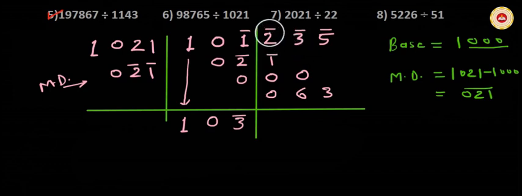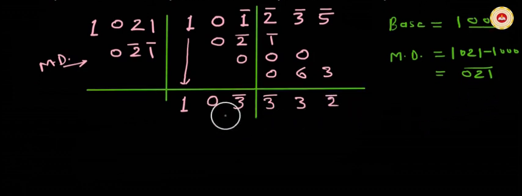Now let us add the digits in remaining 3 columns. Minus 2 plus minus 1 minus 3 plus 0, that is minus 3. Minus 3 plus 0 plus 6, that is plus 3. Minus 5 plus 3, minus 2. Correct? Minus 3, 3 and minus 2. So friends, we are ready with quotient and remainder.